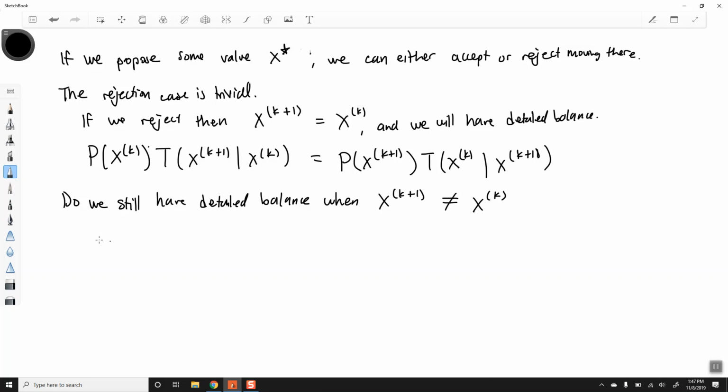Okay, so what we're going to say is the transition probability of going to x k plus 1. So this is what the Metropolis-Hastings algorithm says. This is going to be equal to the proposal distribution, which we'll call g.